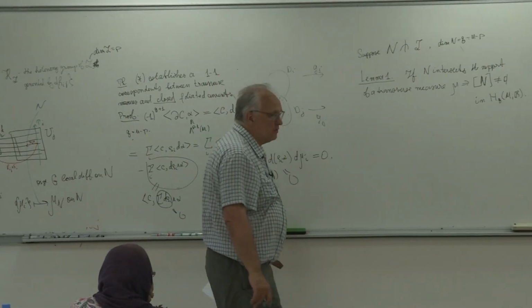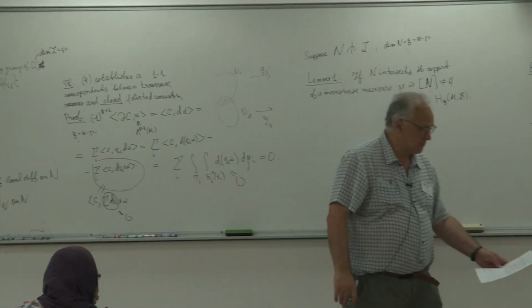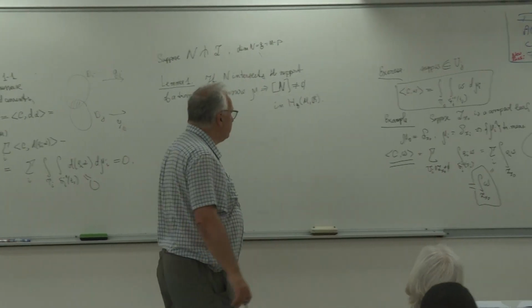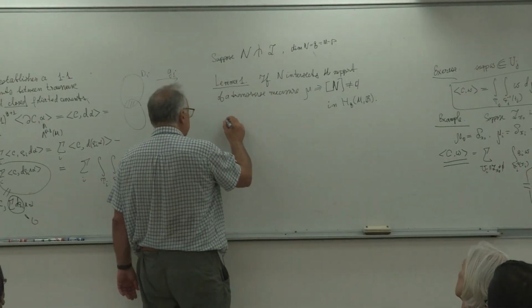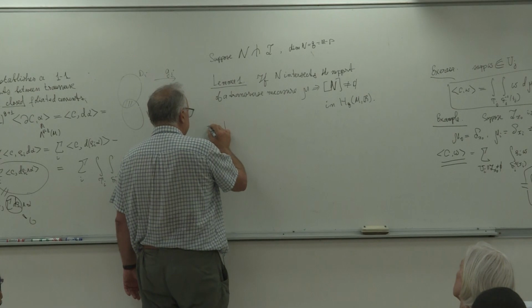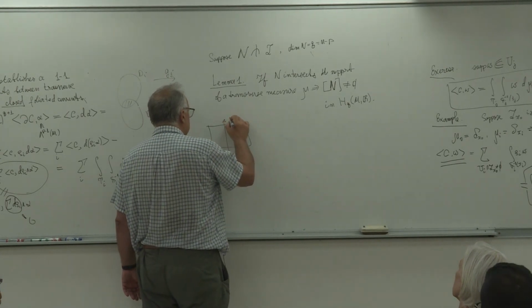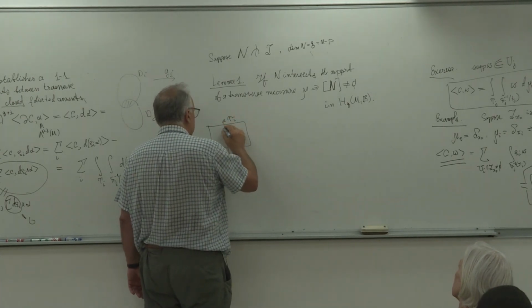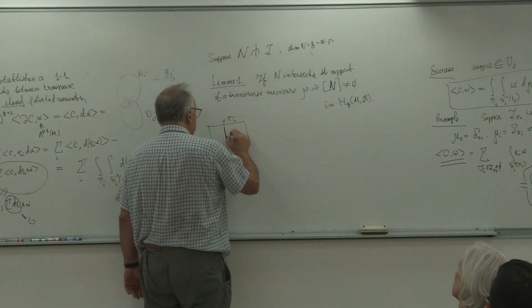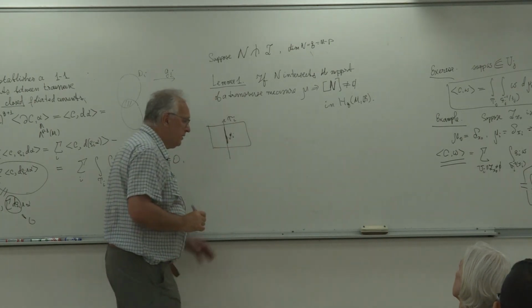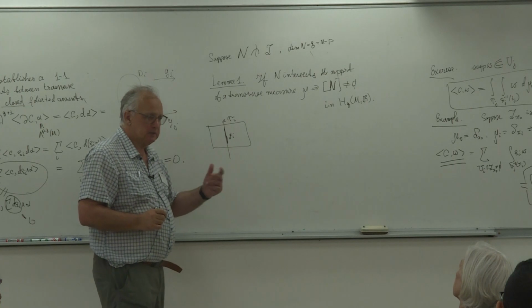What is the support of a transverse measure? I forgot to say. So we define transverse measure starting from transversals, yes? And this is a mu i. It has some support, yes?